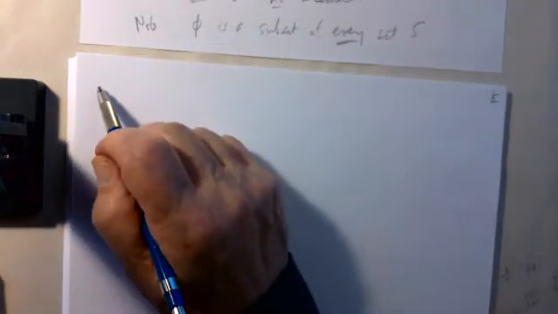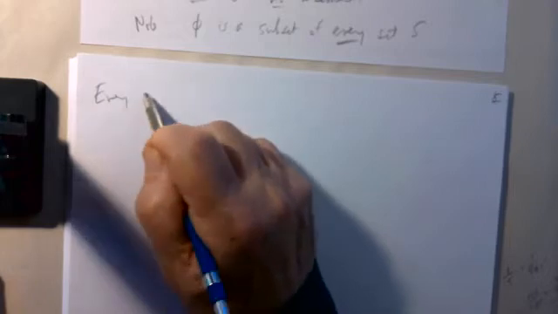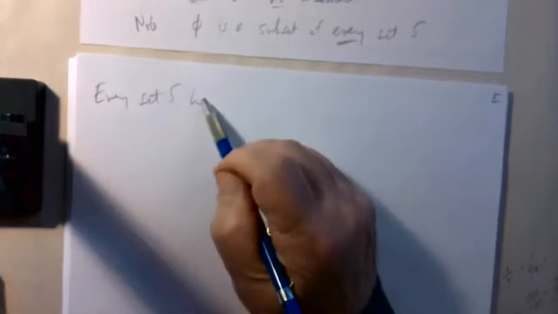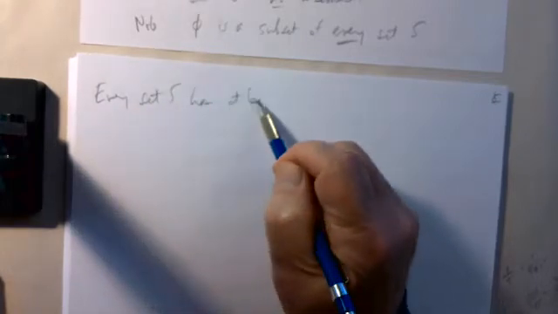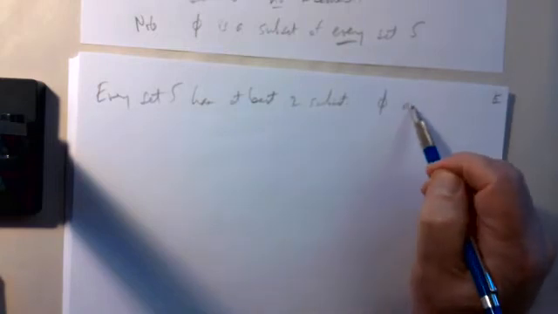So every set S has at least two subsets, the empty set and the set itself.